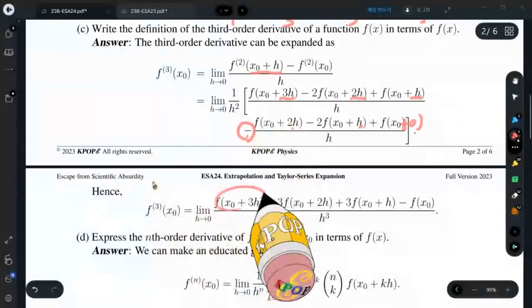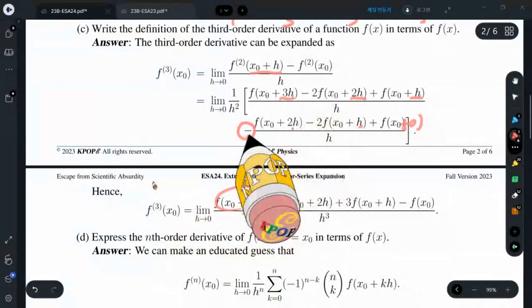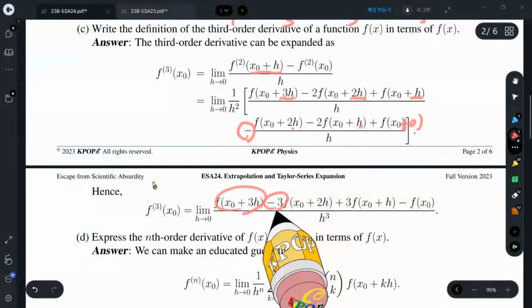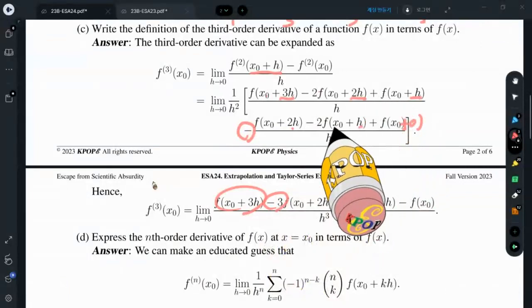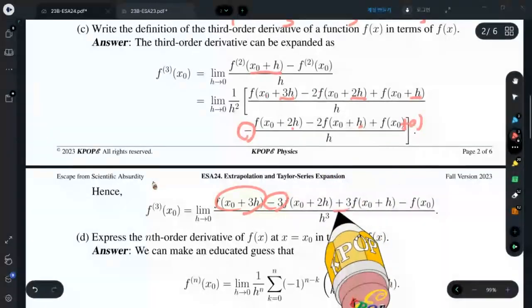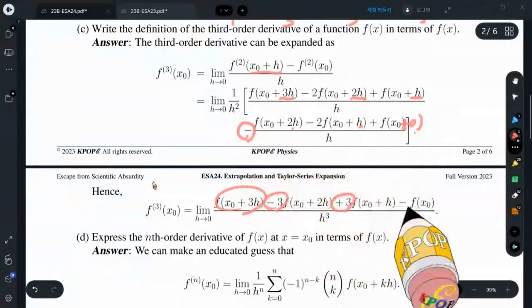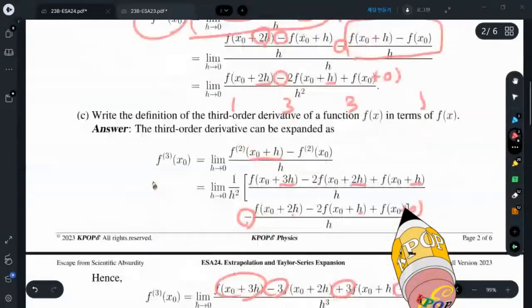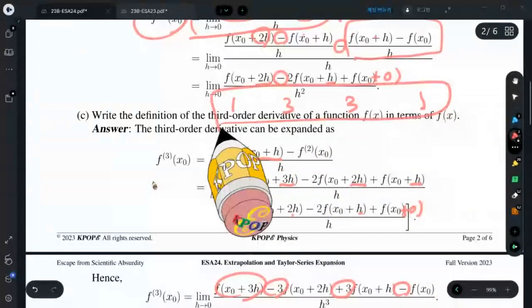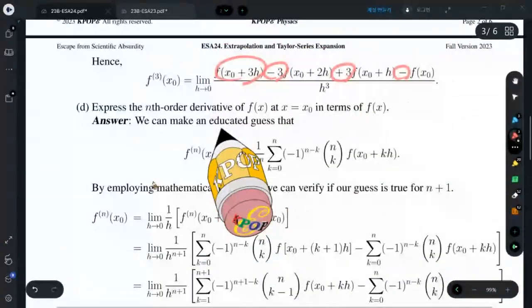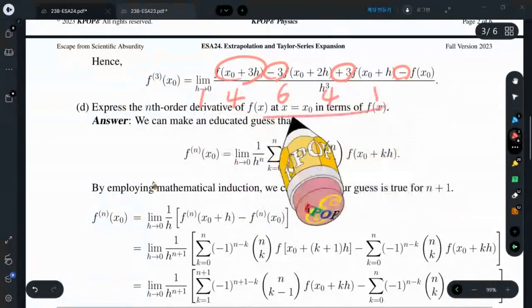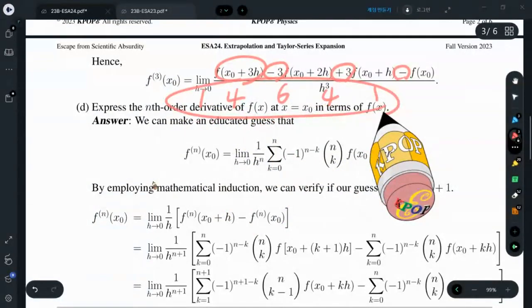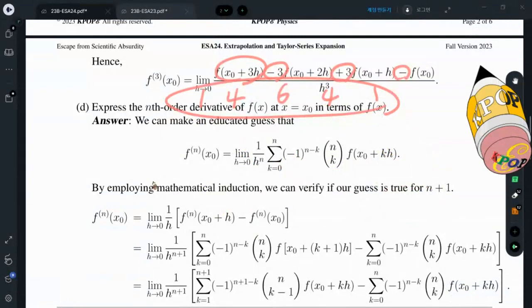The first one, 3h, minus 2 minus 1 minus a 3, and then plus 1 plus 2 plus a 3 minus. All right, my guess was correct. Then it should be 1, 4, 6, 4, 1, as Pascal told us, Pascal's triangle.